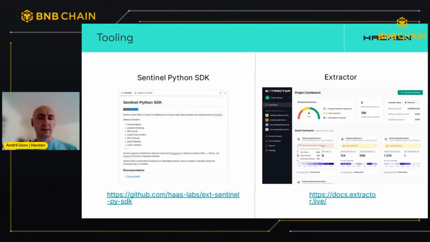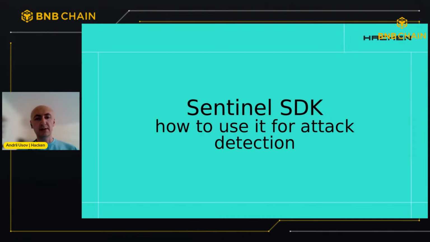And Extractor is a monitoring system with very powerful tools for monitoring, configuration, detectors, and notifying users through different channels, with many pre-configured detectors developed and supported by Hacking. Okay, let's start with Sentinel Python SDK and how we can use it for attack detection.